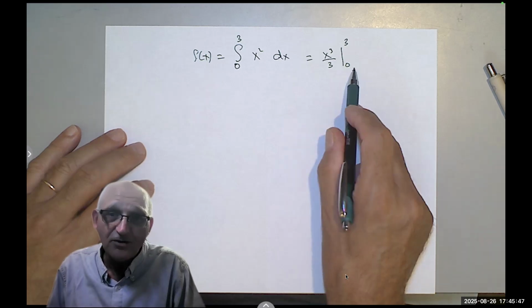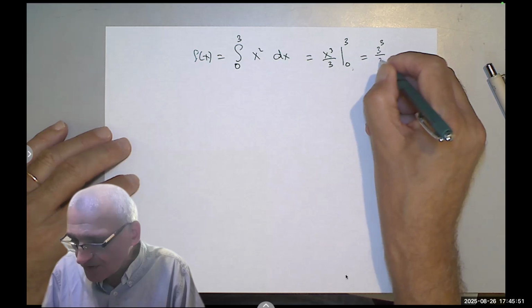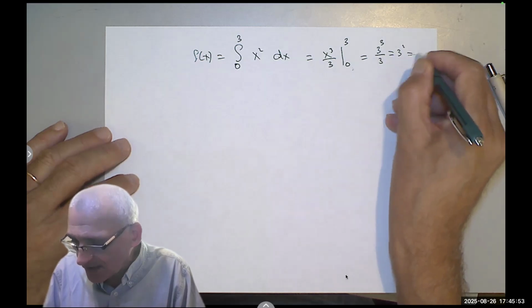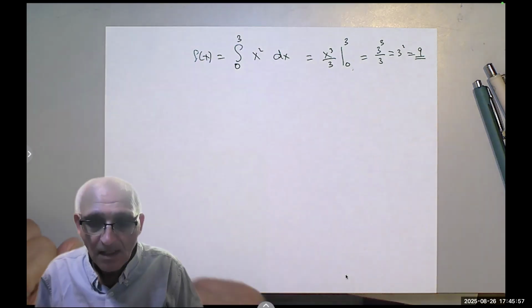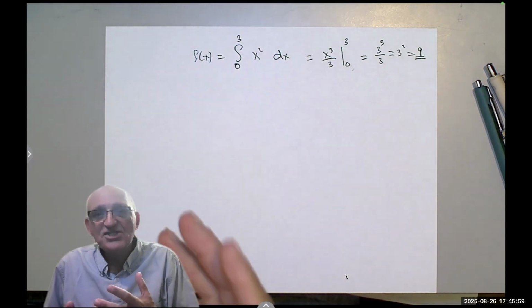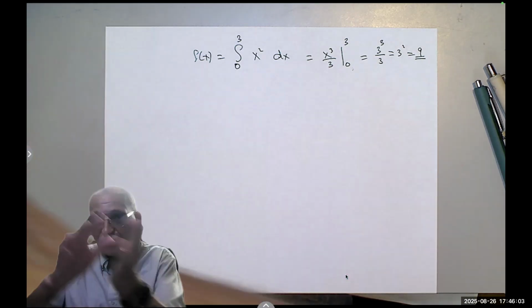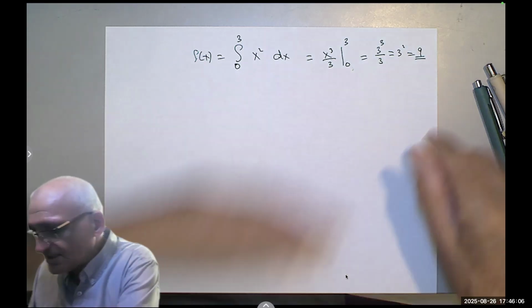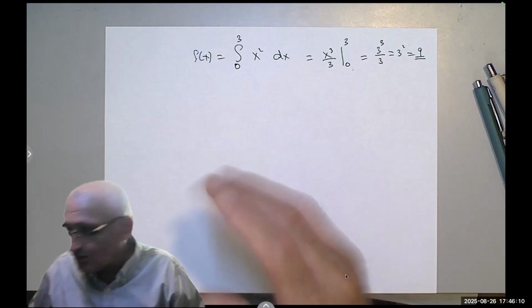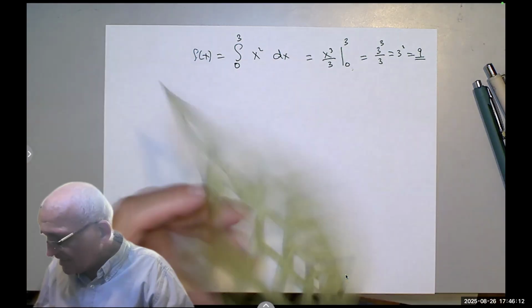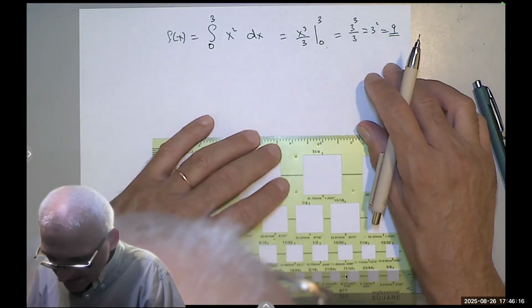Of course, when you evaluate with 0, you get 0. So that's basically 3 cubed over 3, which is 3 squared, which is 9. So the answer here is 9. But how can I run a simulation that would model this situation? I have a function, I want to translate it into a simulation, run the simulation, and then check the answer and see how it compares to the correct answer we know, which is 9 in this case.